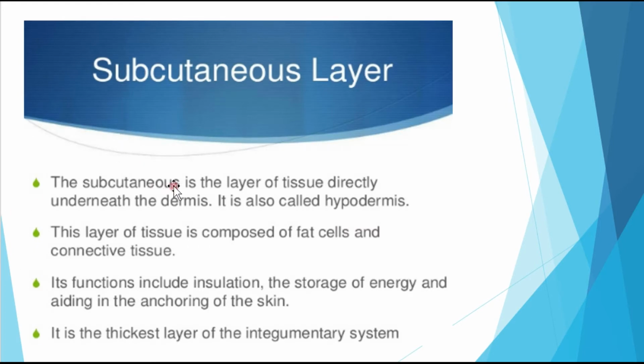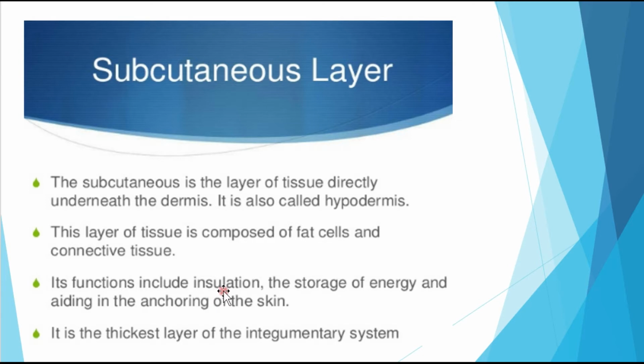Now the innermost layer below the surface of the skin, I said, is the subcutaneous layer, and this tissue directly remains underneath the dermis. We also call it the hypodermis. This layer of tissue is composed of fat cells, the stored fat or adipose tissue cells that contain fats, and connective tissues. Now, its function includes insulation.